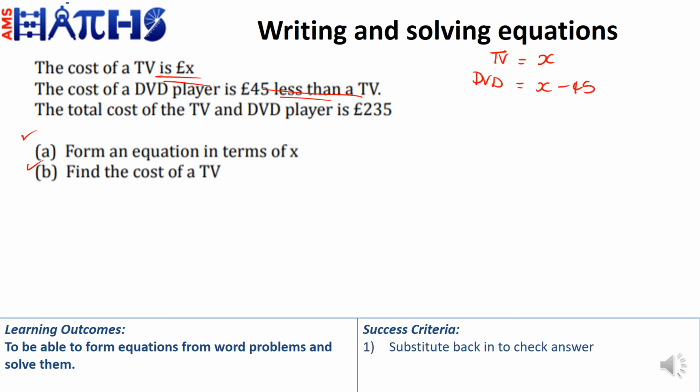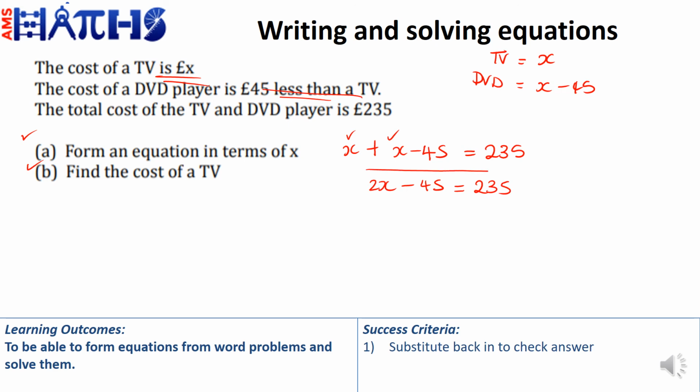It says the total cost, that's adding them together, is 235. So we'll add x for the TV and x minus 45 for the DVD player. When they're added together, it gives us 235 pounds. We're going to simplify to write our equation properly. So 1x plus 1x is 2x, and the minus 45 remains there, and that is equal to 235.